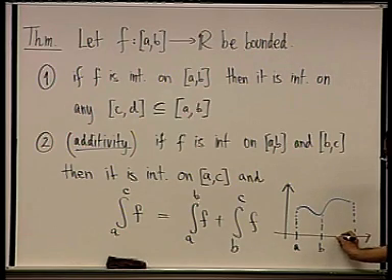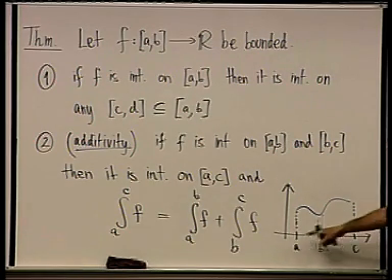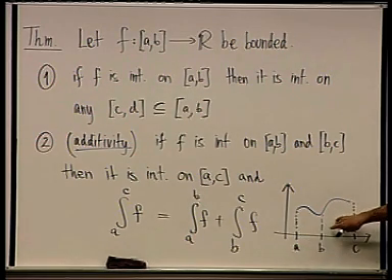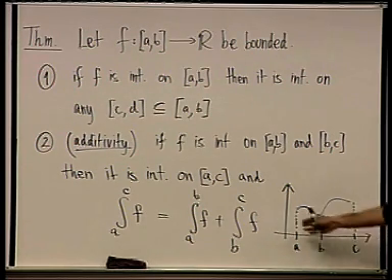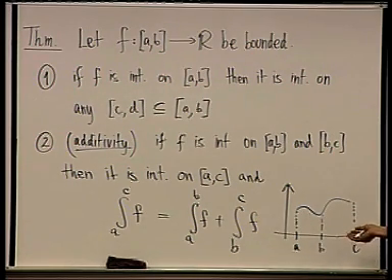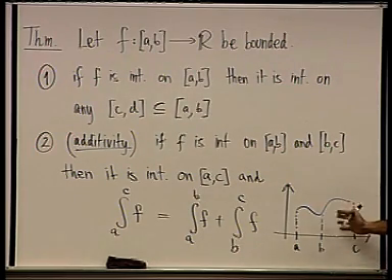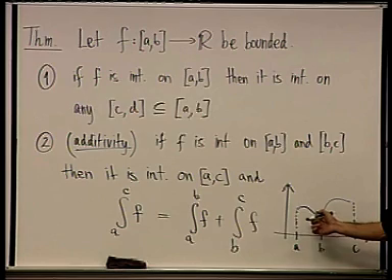The statement is it's going to be integrable on the entire interval, and intuitively, the area under the graph here plus the area under the graph here is going to equal the area under the graph on the entire thing. Do you agree that this is as intuitive as possible at the intuitive level? Yes? That's this statement. So that's the second theorem. Do you see already a way to calculate?